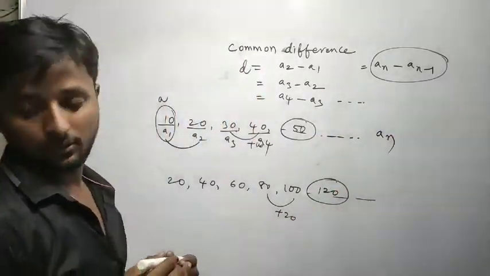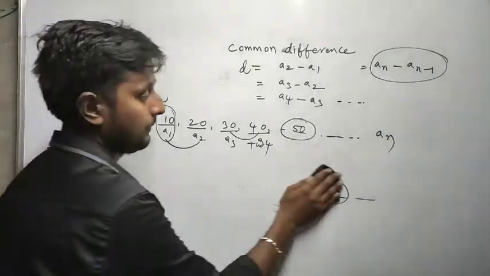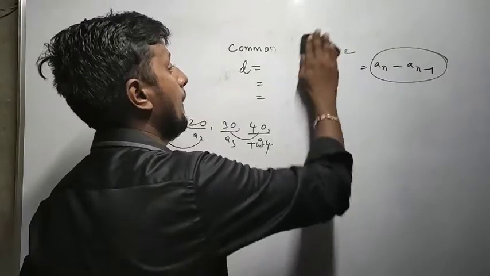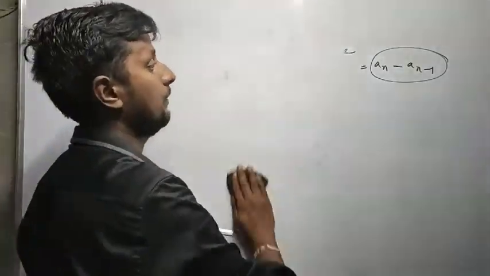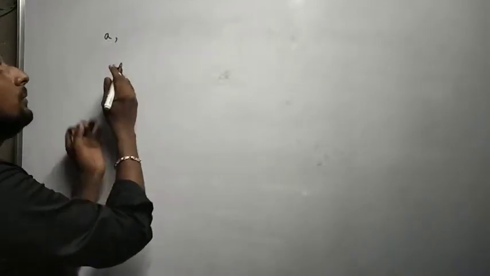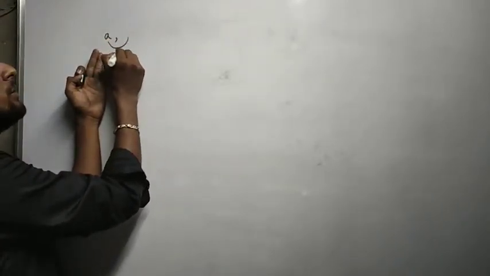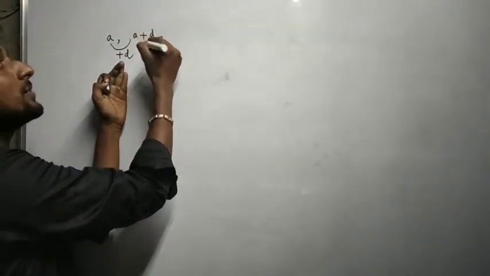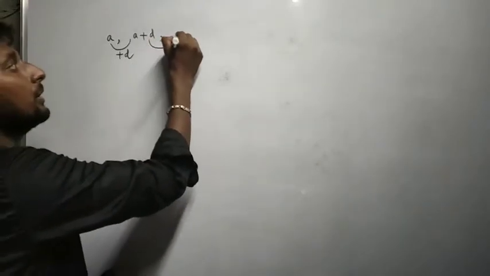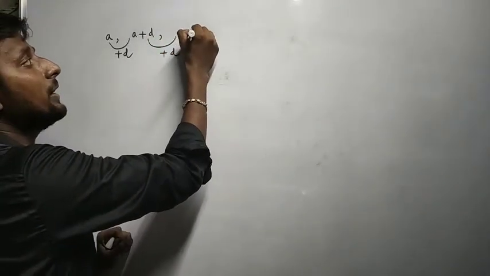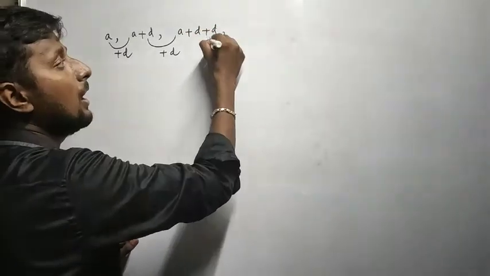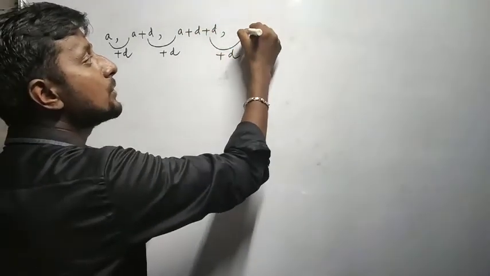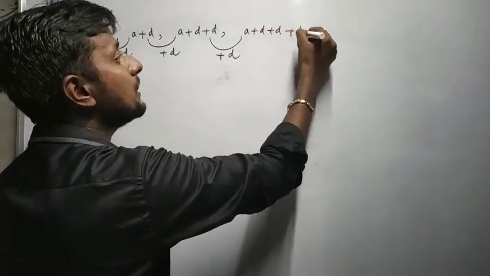Now we'll get into the general form. The first term is A as it is. The second term, by adding the fixed difference D, becomes A plus D. The third term also has difference D, so we write A plus D plus D. Again with difference D, A plus D plus D plus D, and so on.